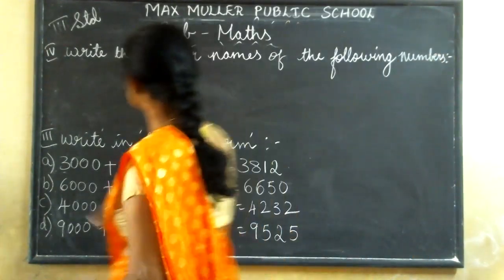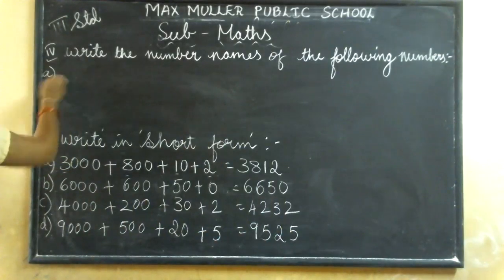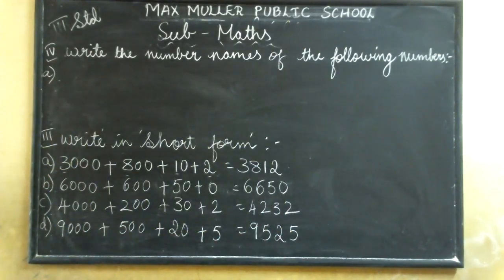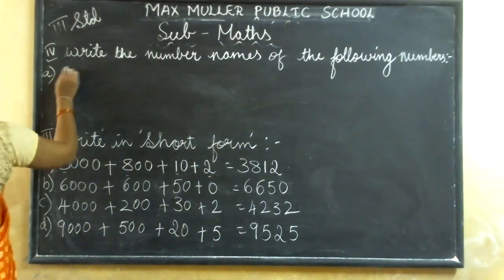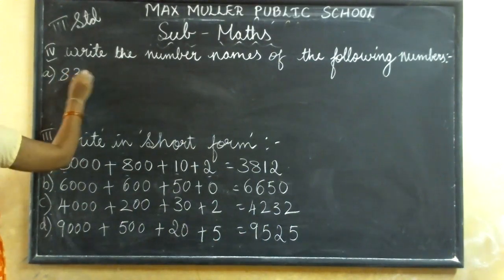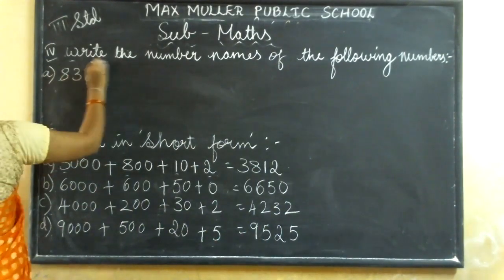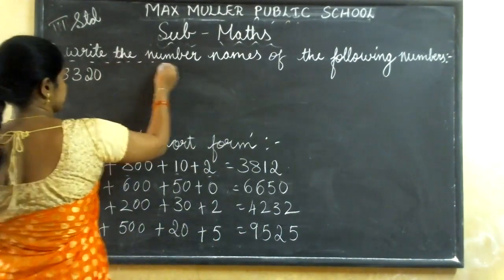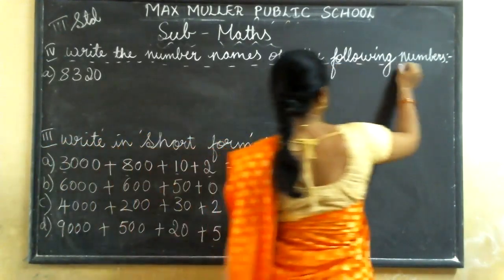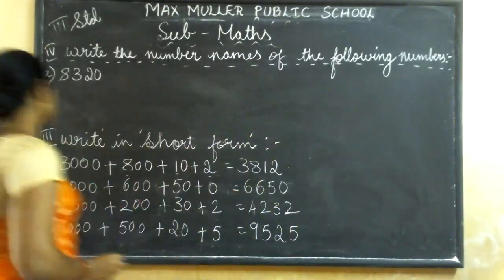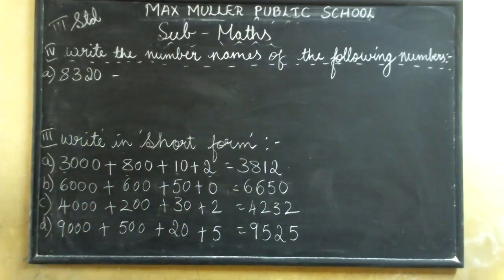First one, 8,320. So how will you write?